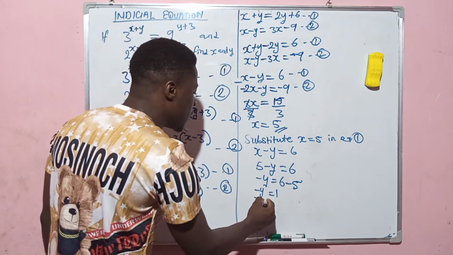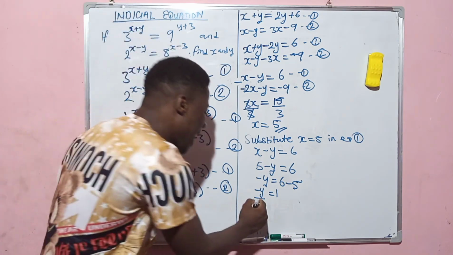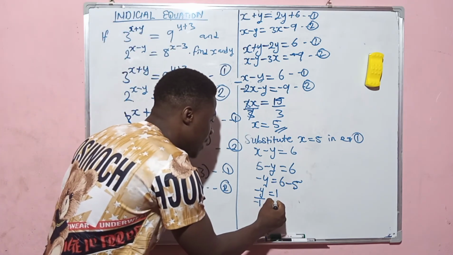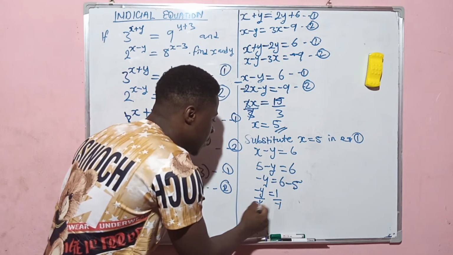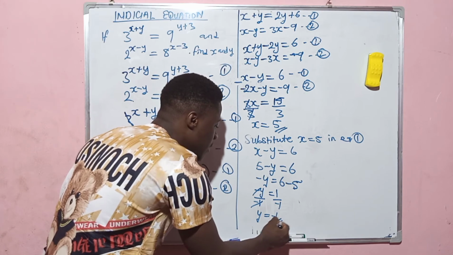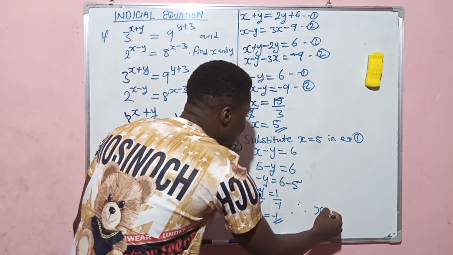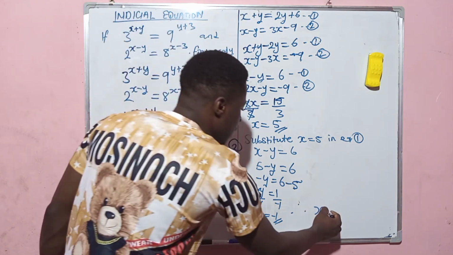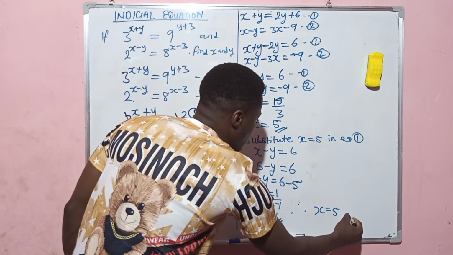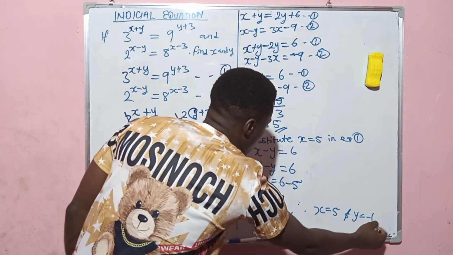Then divide both sides by the coefficient of y, and the coefficient of y here is negative 1. So I have to divide by negative 1 by negative 1, such that I will have the value of y as minus 1. So we have it that in this equation, the x that I'm asked to find equals 5, and as well y is automatically equal to minus 1.